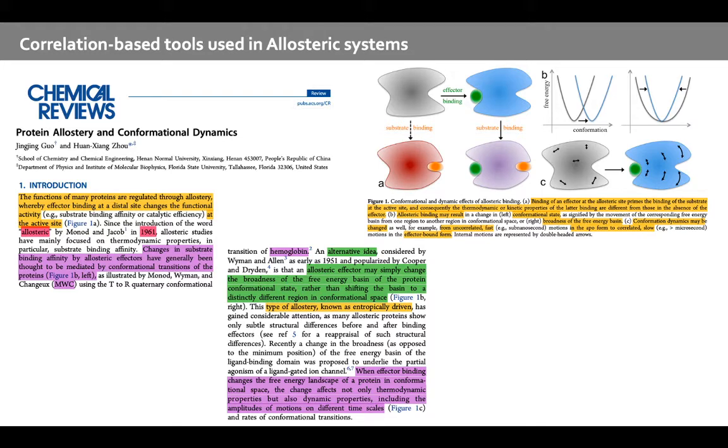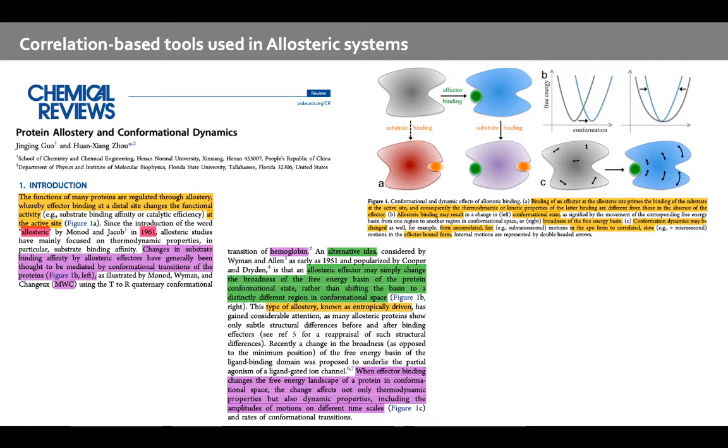In these studies where the allosteric communication is investigated, usually they use concepts and methods from graph theory.